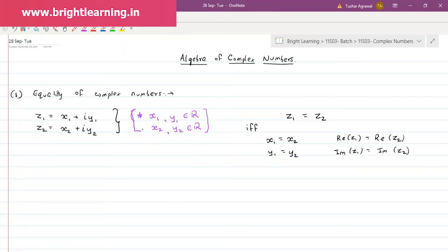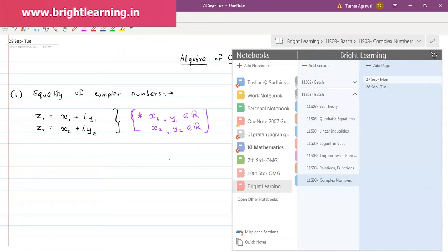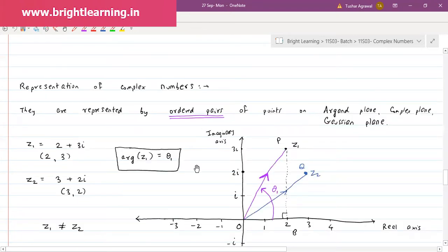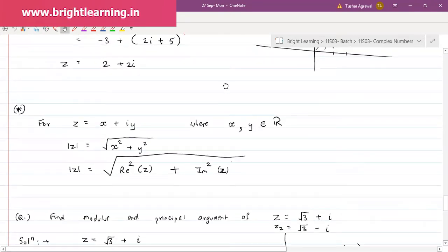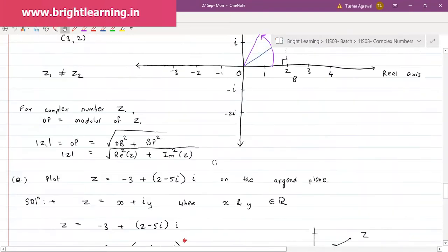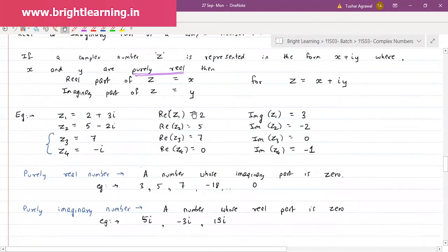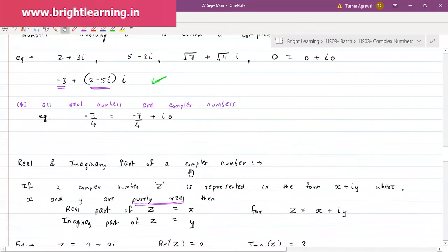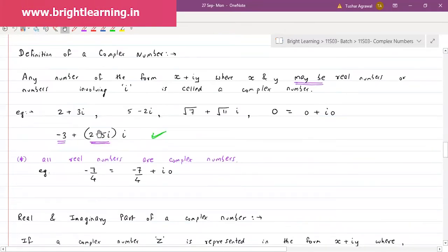I am giving you this purple condition in the bracket because I want to rule out the possibility of questions like the one we saw yesterday, -3 plus (2 minus 5y) times i. Such questions we rule out.